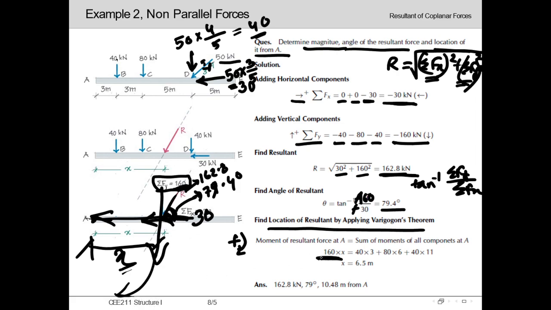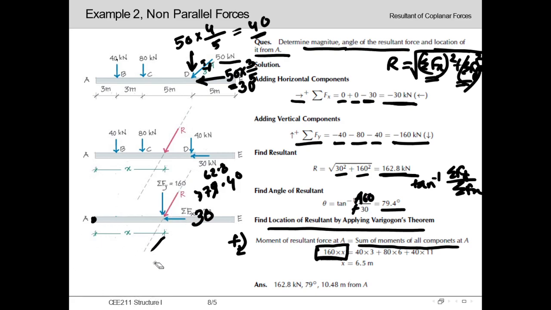So on the left side we are taking the moment due to the resultant, 160 into x. On the right side will be the sum of moments for all the rest of the forces. What would be the moment for the rest of the forces?